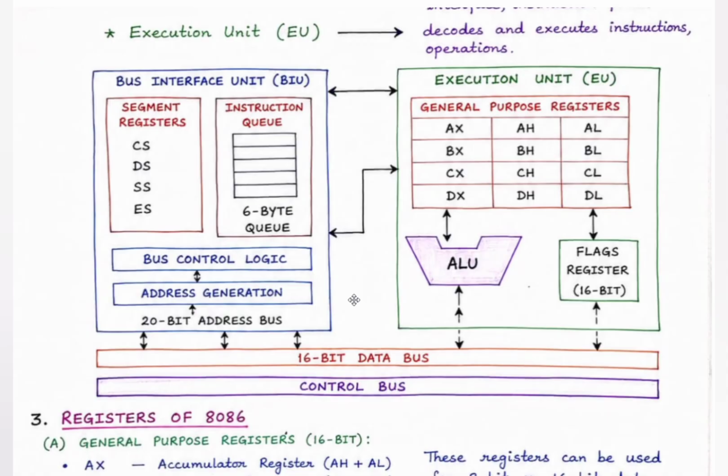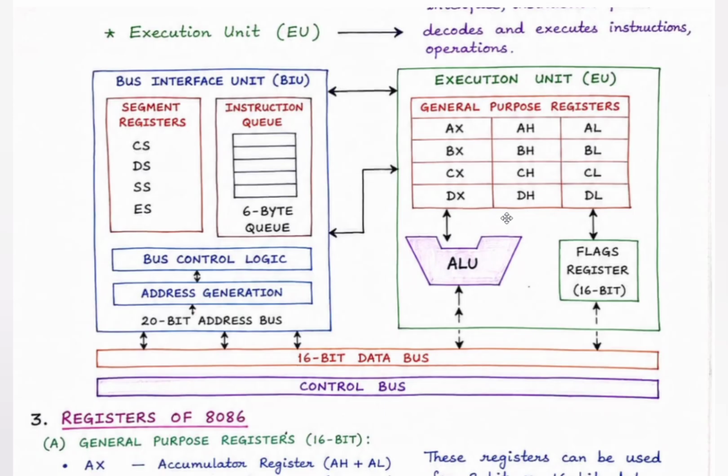As we discussed, the architecture is mainly divided into two important units: BIU and EU, meaning bus interface unit and execution unit. The bus interface unit fetches instructions and handles communication with memory and input/output. The EU decodes and executes those instructions.